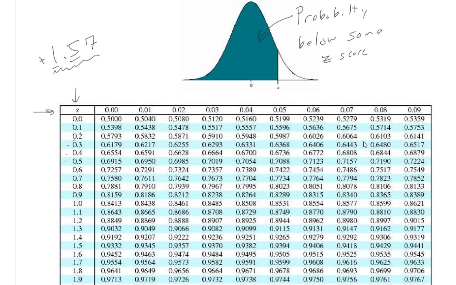So if I scroll down, I see 1.5 right there. The second digit after the decimal will be your columns here. So 0.00, 0.01, 0.02. I want the second decimal to be a 7. So that means I want to go over until I see 0.07.